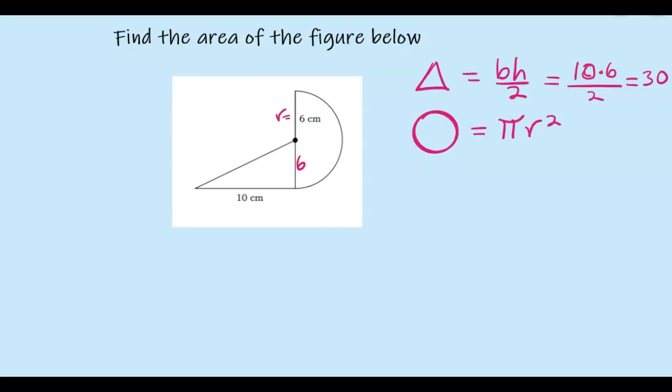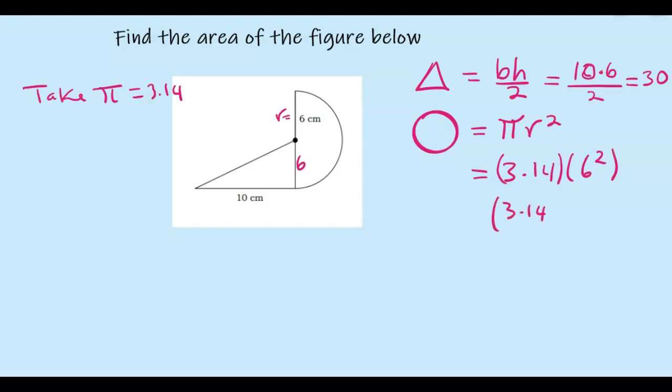Now the area of a circle, let's take pi to be 3.14. So 3.14 times the radius 6 squared, which is 6 times 6, which gives us 36. So we got 113.04.